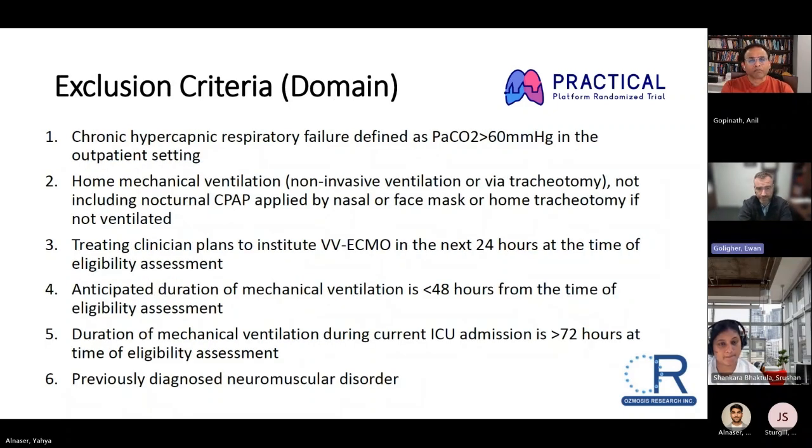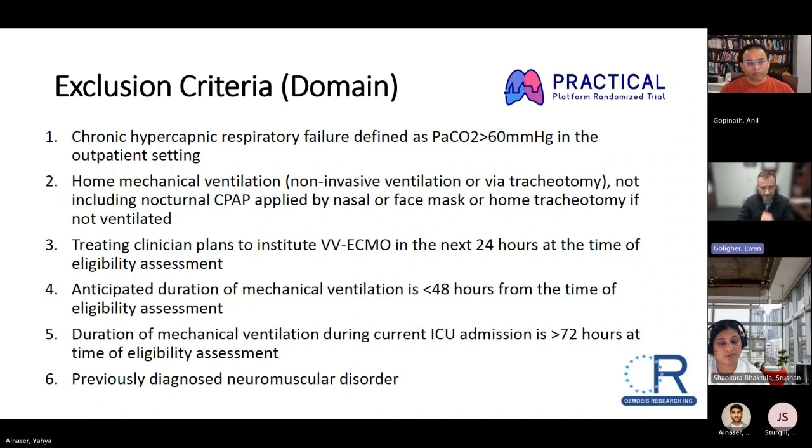The patients are excluded from this domain if they have chronic hypercapnic respiratory failure, if they are on mechanical ventilation at home permanently, if there's an imminent plan to institute VV ECMO in the next 24 hours, if the anticipated duration of mechanical ventilation is less than 48 hours from the time of eligibility assessment, or if the duration of ventilation during the current ICU admission is greater than 72 hours.